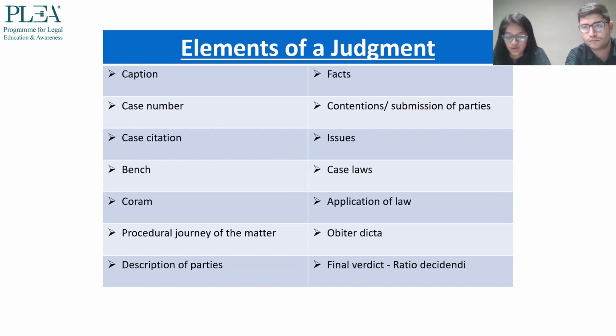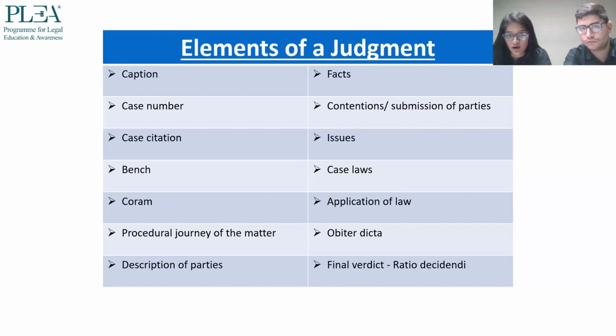The next point is contention of parties or submission of parties. Very often when you're reading a judgment, you will find in later paragraphs, after or maybe before the issues, that it starts as: it is submitted by counsel for the applicant, it is submitted by counsel for the plaintiffs. These are the legal submissions made by parties, relying on which they are putting forth their case.